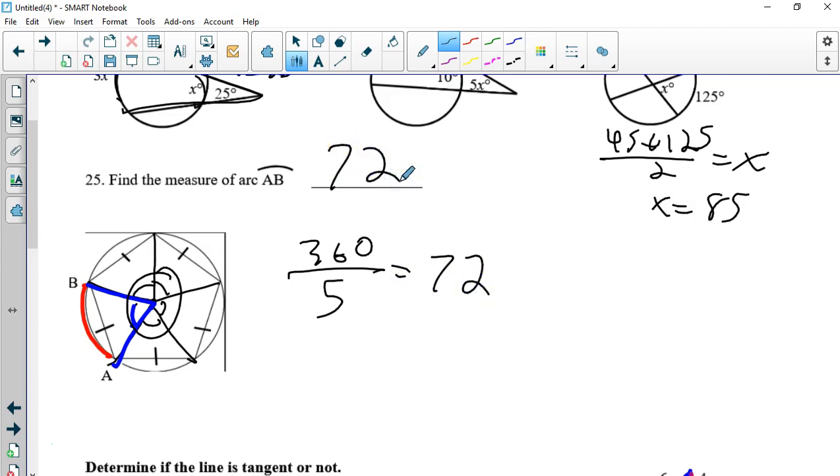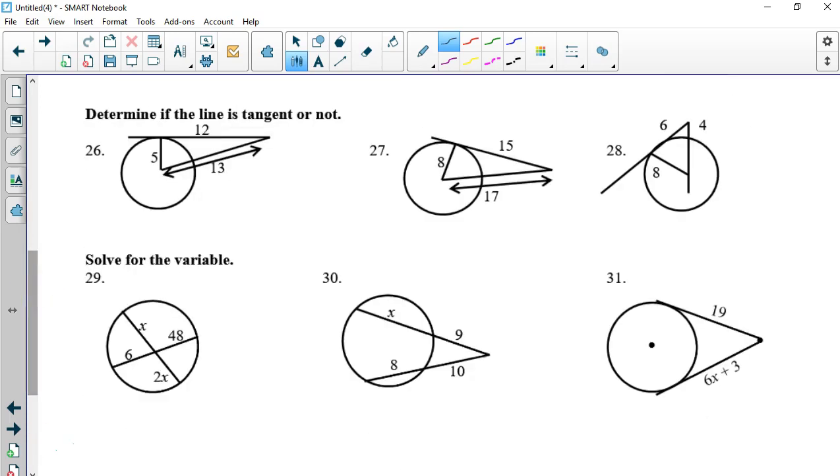So AB is 72. And let's say I wanted AC. Then it would just be 72 times 2. Or if I wanted to go to this far, call it D, it'd be 72 times 3. And that's it.